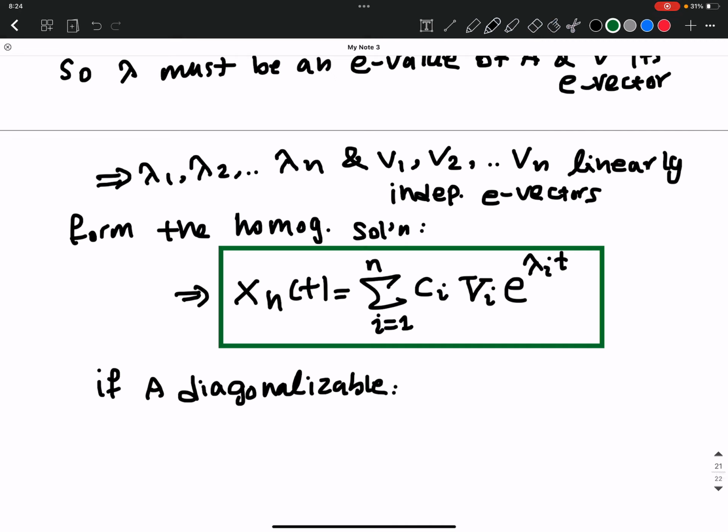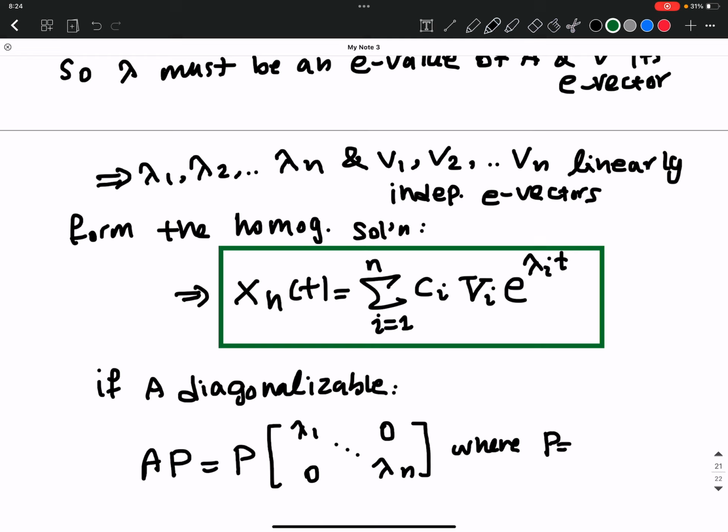I can say that AP equals P times the diagonal matrix with lambda 1 through lambda n on the diagonal and zeros elsewhere, where P is basically my eigenvectors, v1, v2, up to vn, stacked together.